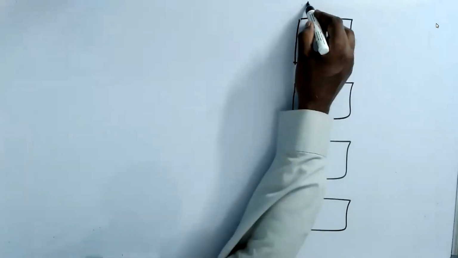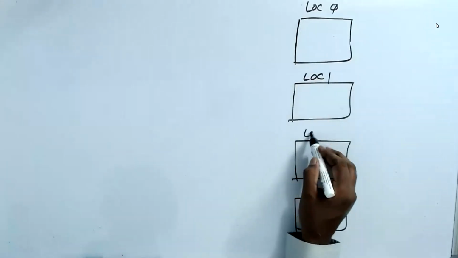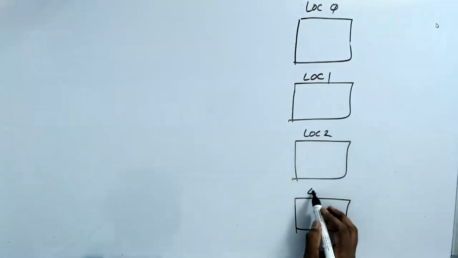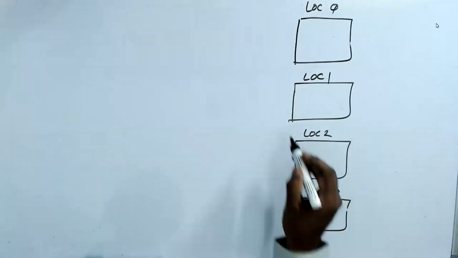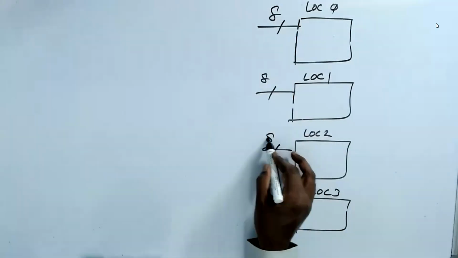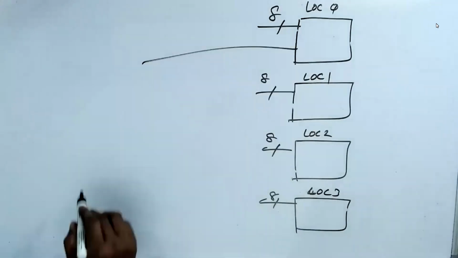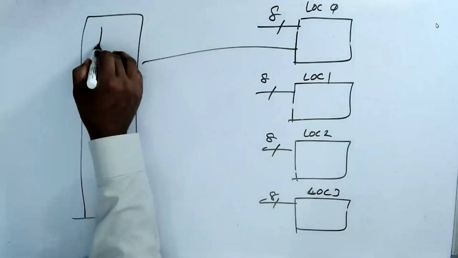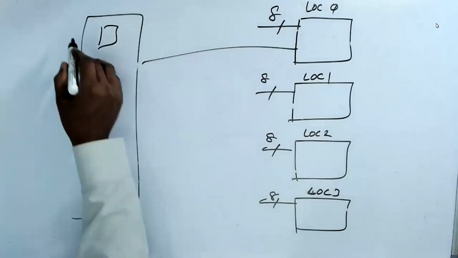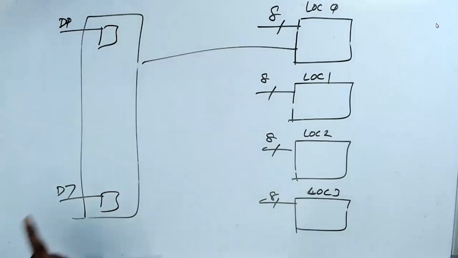This is called location 0, location 1, location 2, location 3. And each one has 8 D flip-flops. If you expand this, that has 8 single bits, D0 to D7. Please understand that.